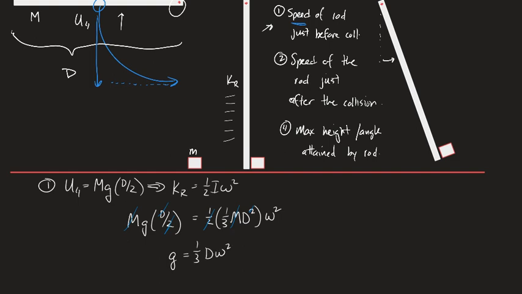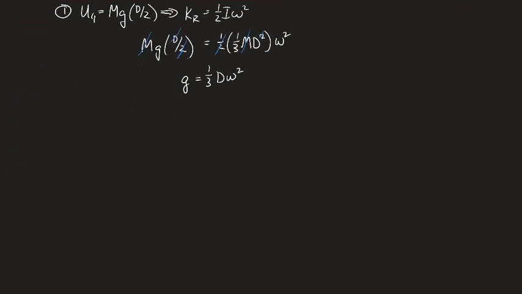I've been looking at some of your work, and one of the things I'm noticing is that sometimes the algebra becomes confused. So I just cancel out the things that were the same on both sides. This is what's left over. That might make it cleaner for you to solve for omega. So now omega is going to be the square root of g over 3d. So this is how fast it's spinning.